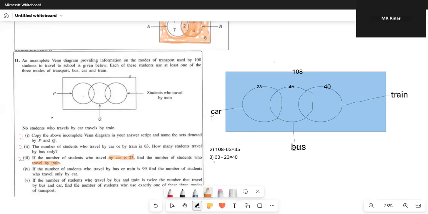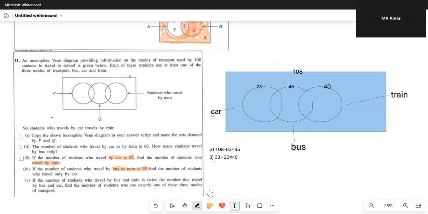And the fourth question: the number of students who travel by bus or train is 99. So that is in this portion or this portion.